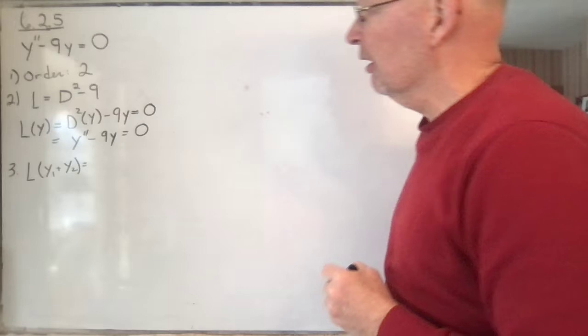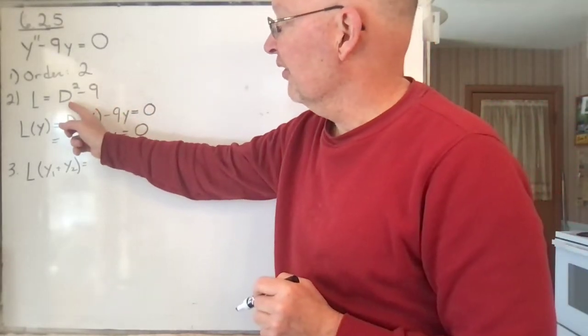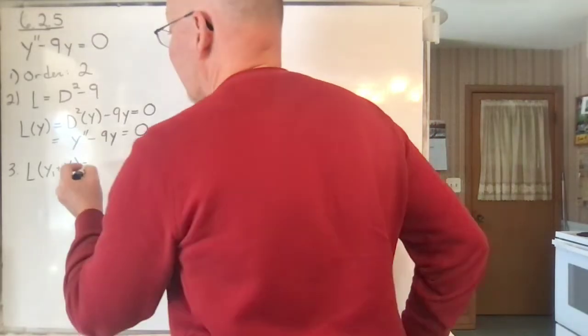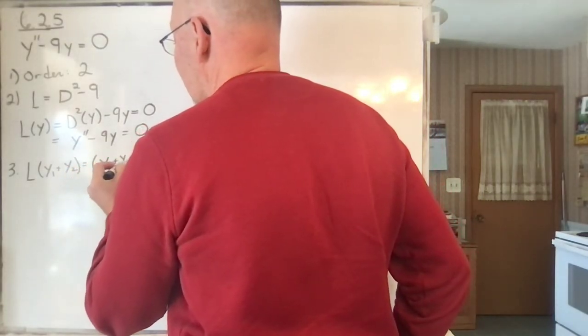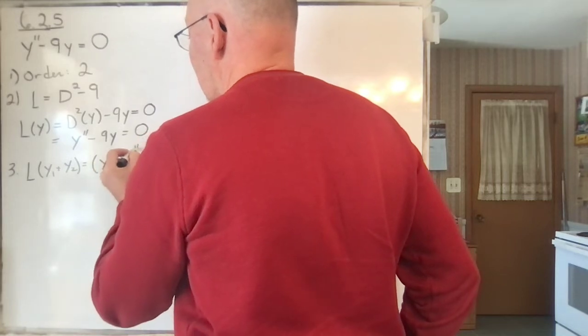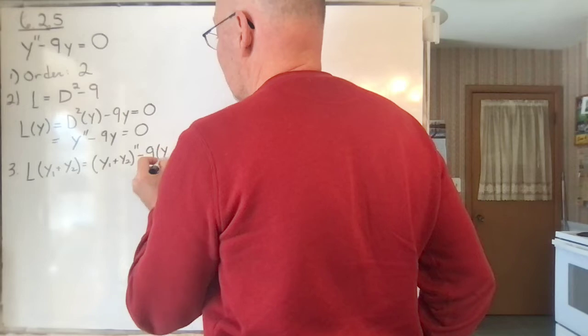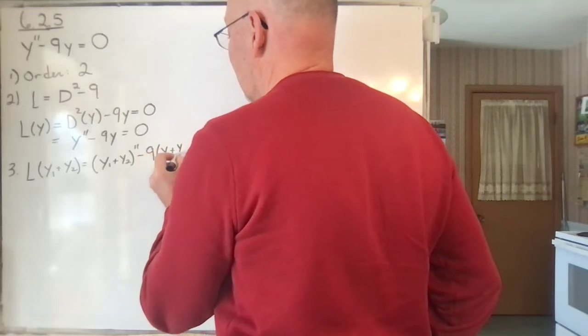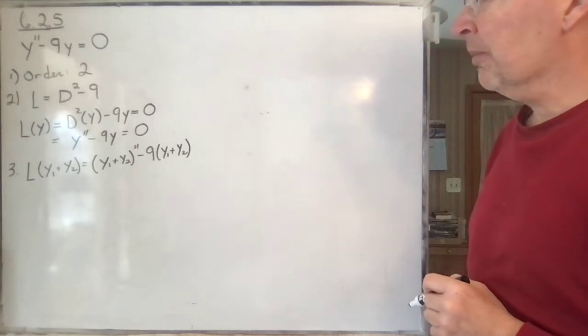And what does L of y1 plus y2 say to do to it? It says to take the second derivative of that thing and then subtract 9 of that thing. Okay, the second derivative minus 9 of that.